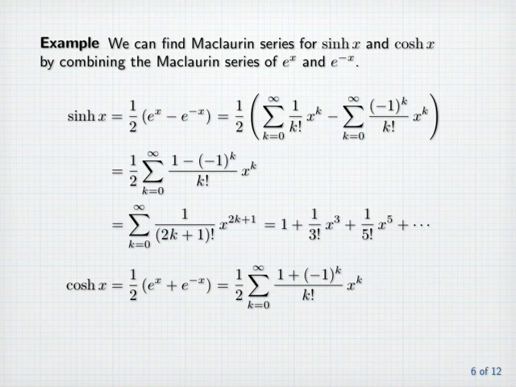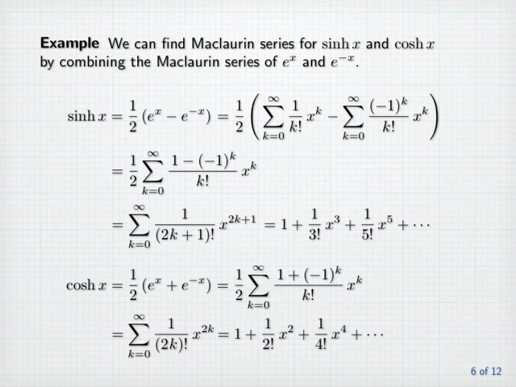So we can factor a 2 out of the series, getting rid of the 1/2 out front, and write the series as the sum from k equals 0 to infinity of 1 over 2k factorial times x to the 2k, which is 1 plus 1 over 2 factorial x squared plus 1 over 4 factorial x to the 4th, and so on. Now notice that this is just like the series for cosine x, again without the alternating sign.